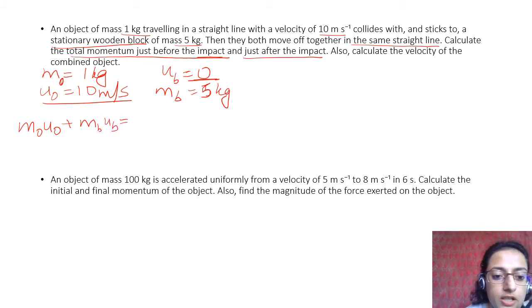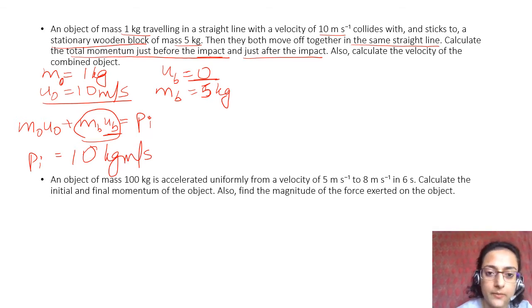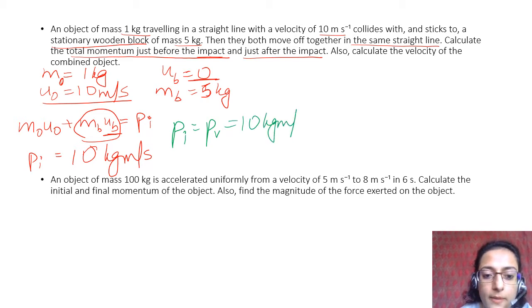This is the initial momentum, P initial. u_b is 0, so this term becomes 0. So P initial is equal to 1 into 10, so 10 kilogram meter per second. This is the initial momentum. This is also the final momentum because of the law of conservation of momentum. So P initial is equal to P final is equal to 10 kilogram meter per second.